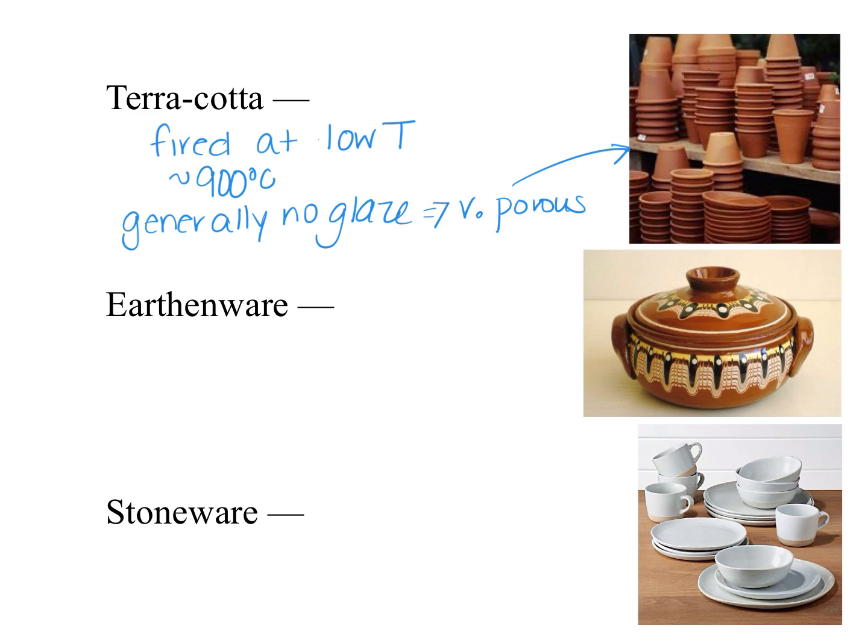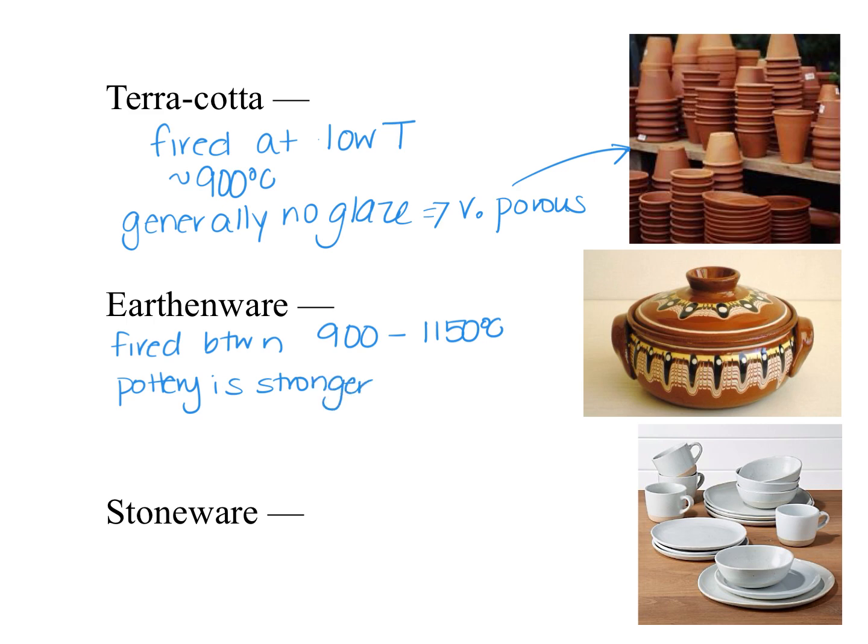Then the next example is earthenware. This is fired between 900 and about 1150 degrees Celsius. This pottery is stronger than terracotta and less porous.